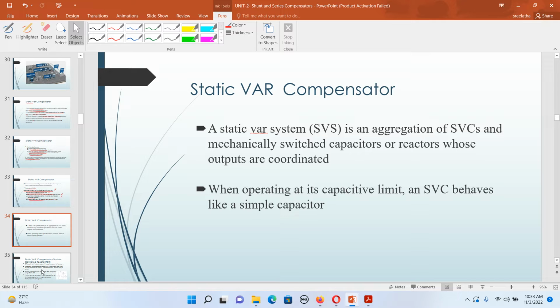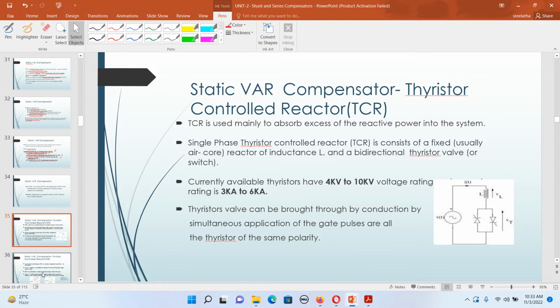When operating at its capacitive limit, an SVC behaves like a simple capacitor. I think you know the opposite of it, right? When it is operating inductively, it absorbs reactive power, and then it acts like a simple inductor or reactor.